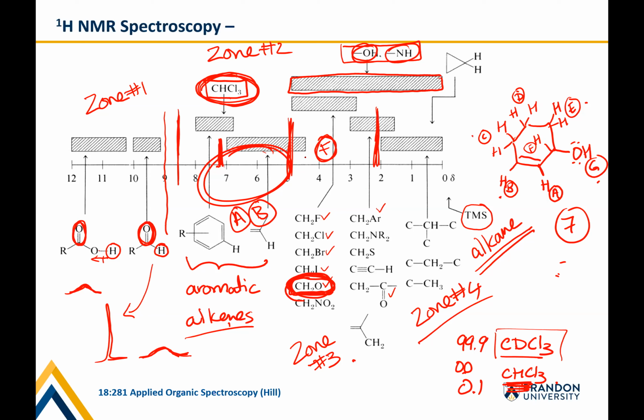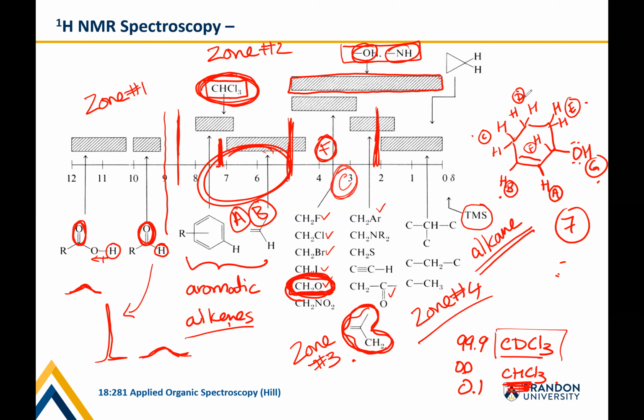You might see protons C here as well, because you notice here is a double bond down here. Or I guess I should get my laser out. Double bond, and then right next door is a carbon with 2 protons on it. So proton C could also be found in this zone here.